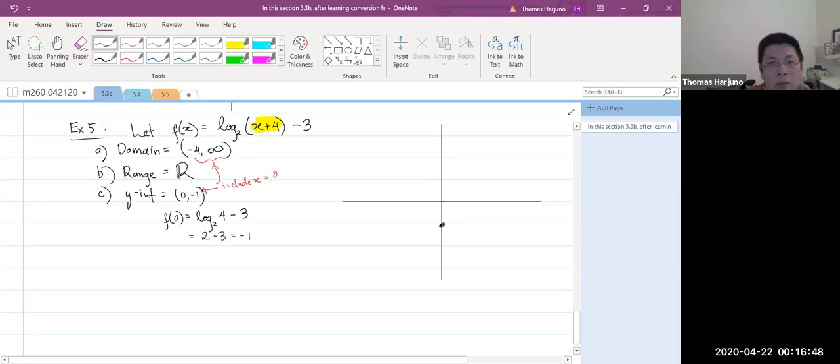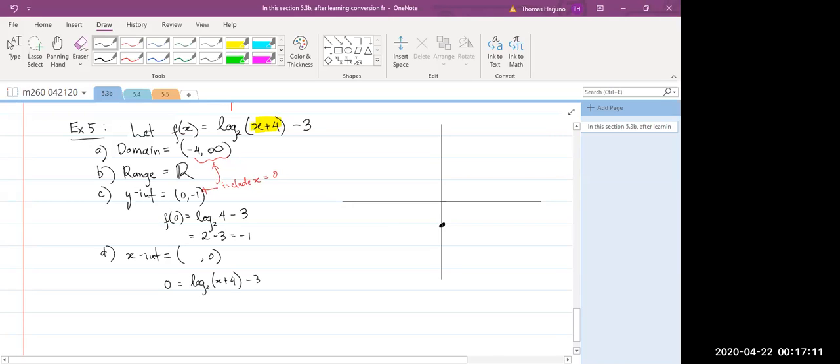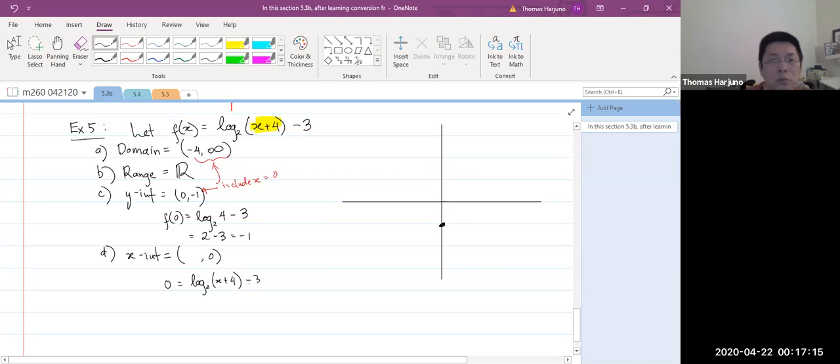But for the x-intercept, y has to be 0. So 0 equals log base 2 of x plus 4, minus 3. Can you solve this? Let's see, I move the 3 to the other side.